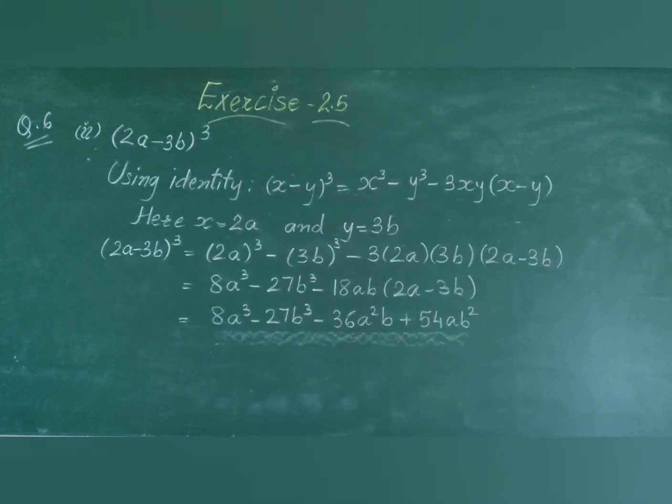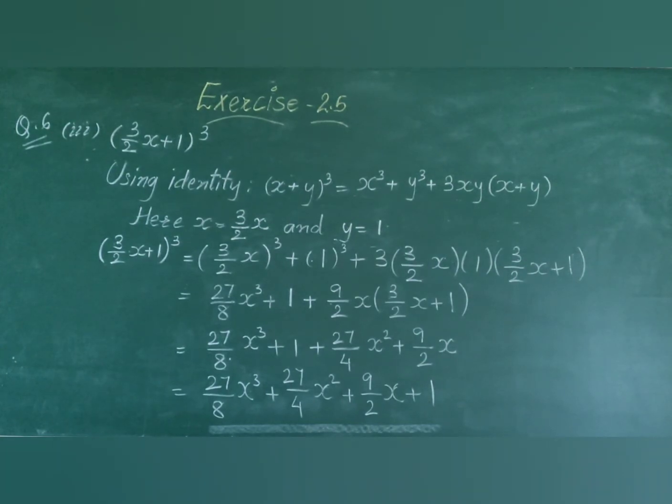Then we multiply minus 18ab with minus 3b, so we get 18 3s are 54, a is alone and b into b gives b square, so we get plus 54ab square. So the expansion is 8a cube - 27b cube - 36a square b + 54ab square.